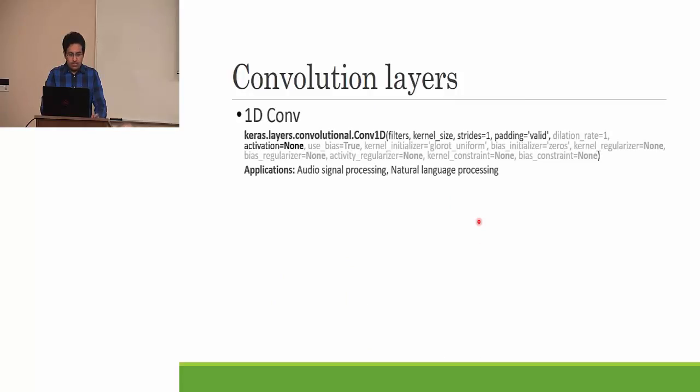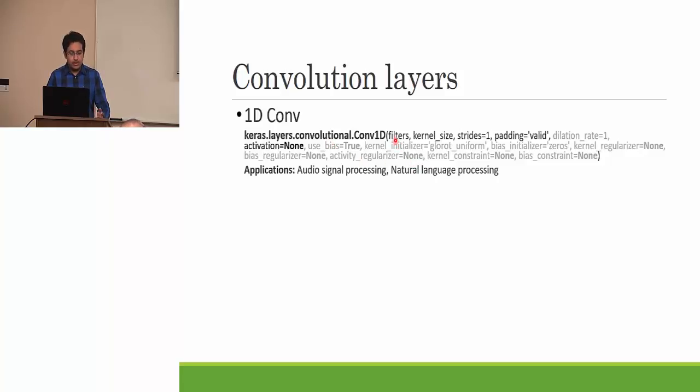So there are different convolution layers. 1D convolution is mainly used in audio signal processing and natural language processing. It comes with various arguments. This is where you can set the regularizers, L2 regularization, L1 regularization. By default, it will be none. You can just specify a keyword here.